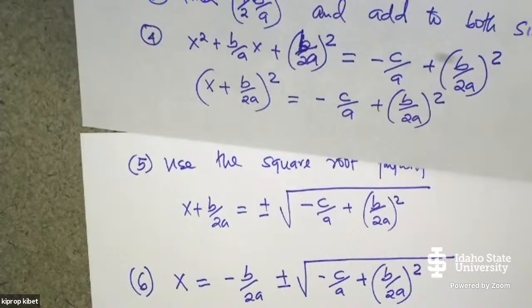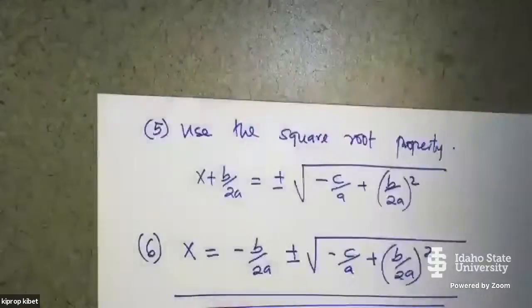If you remember the quadratic formula. So once we go to the next step, the next section is solving the quadratic equation using the quadratic formula. I'll show you again how we can formulate that quadratic formula. Okay, now example number 1.